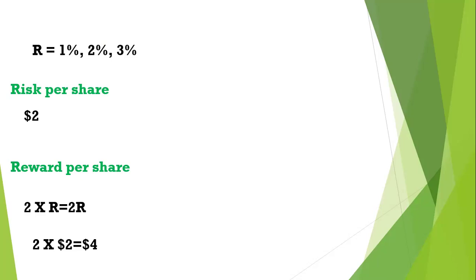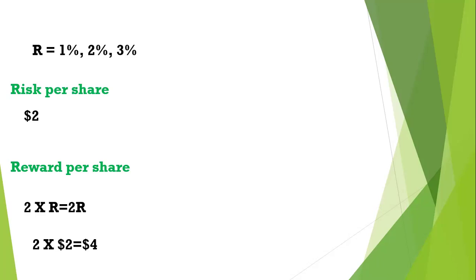For risk per share, you decide that you are willing to lose $2 per share. That gives you a reward per share of 2 times R. So 2R. Most of the time, the reward per share will be 2R, which is 2 times 2, two times the risk.